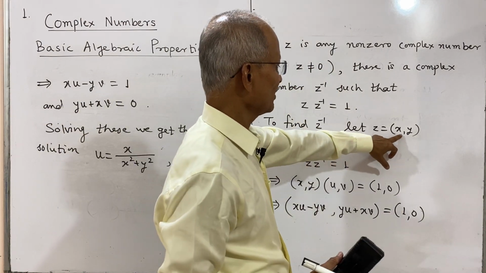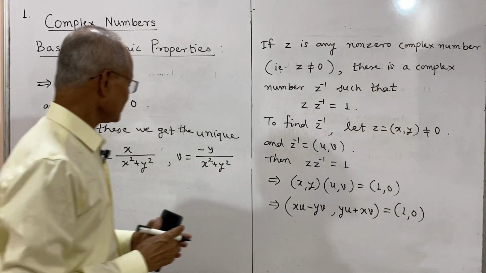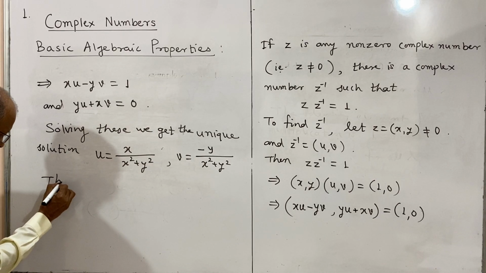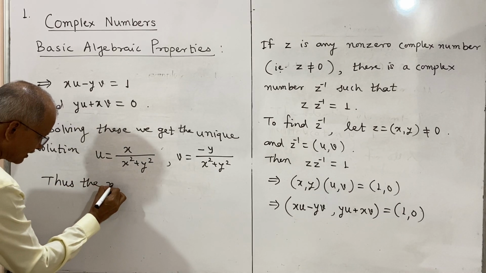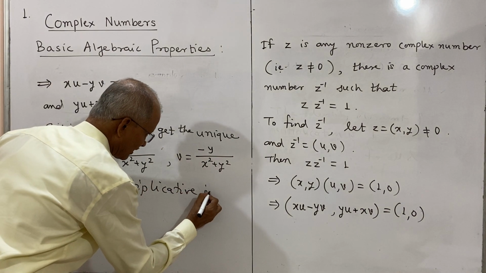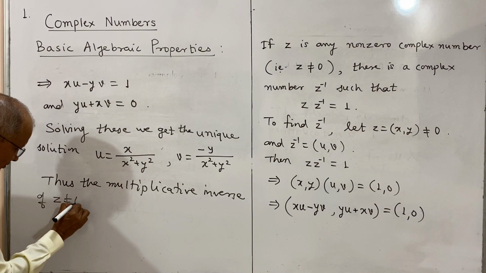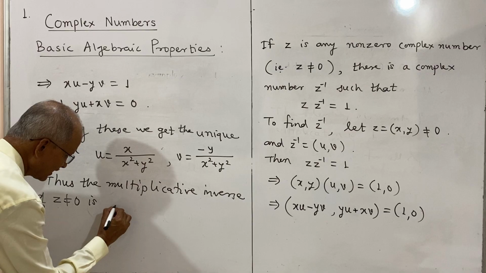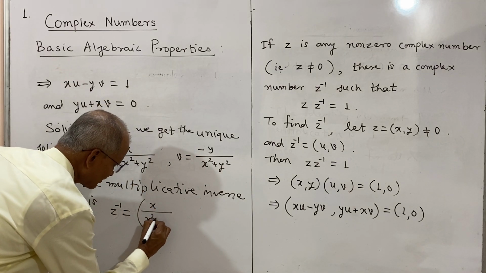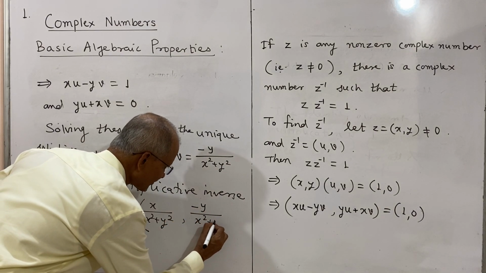We have assumed z is x comma y which is not equal to 0, and thus the multiplicative inverse of z not equal to 0 is z inverse equal to x divided by x square plus y square comma minus y divided by x square plus y square.